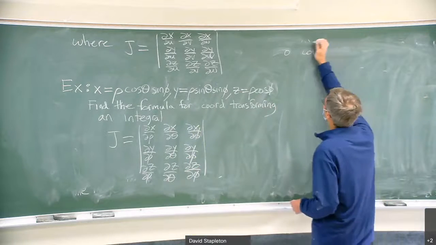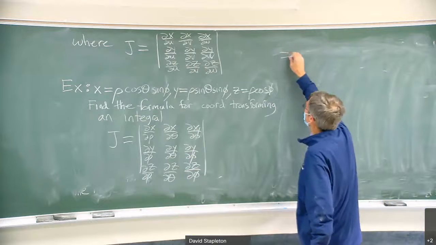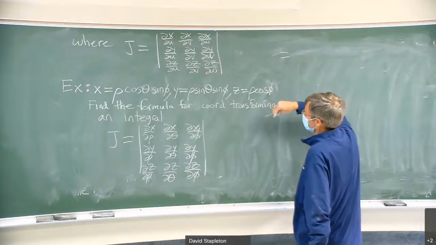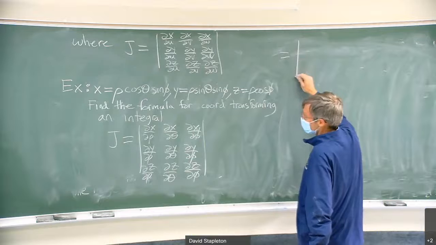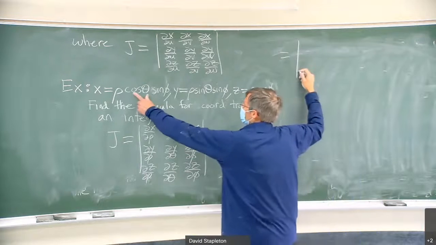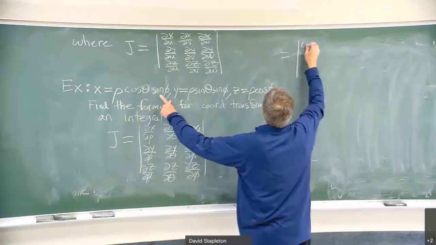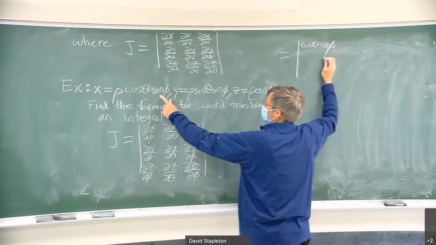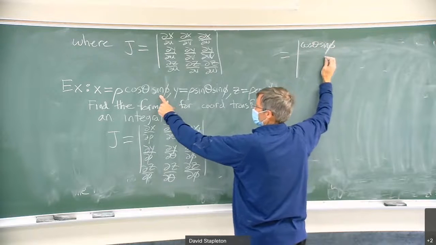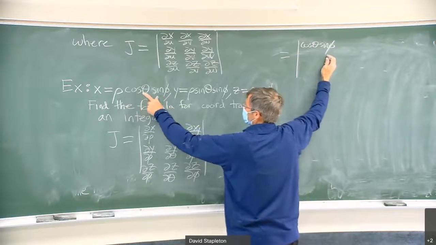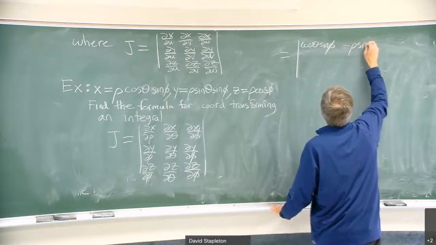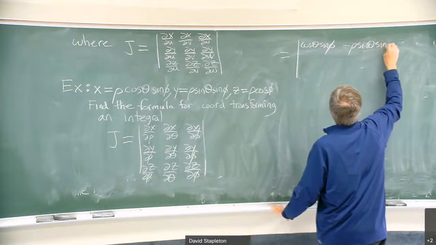And we get something that's not a constant function because this isn't a linear transformation. Dx d rho, treating theta and phi as variables, is just cosine theta sine phi. Dx d theta is rho times minus sine theta sine phi, so minus rho sine theta sine phi.